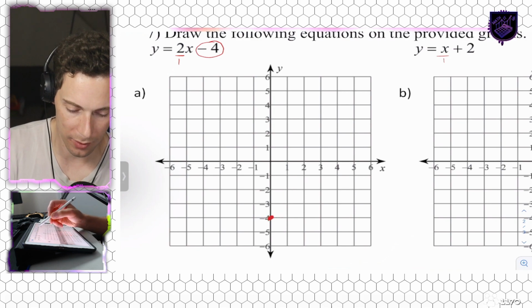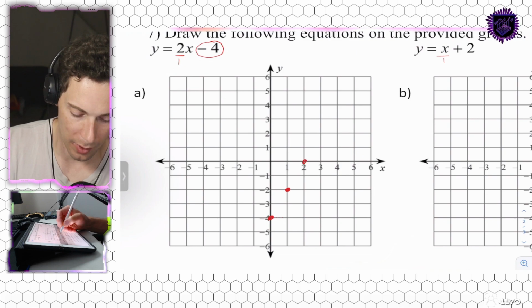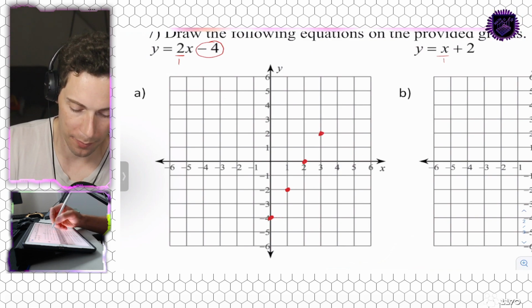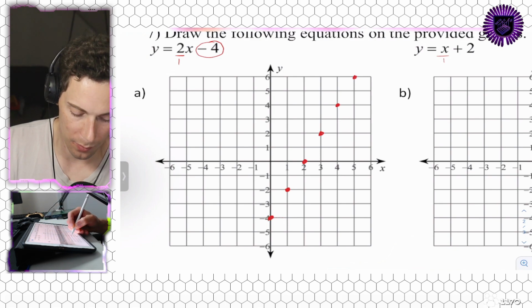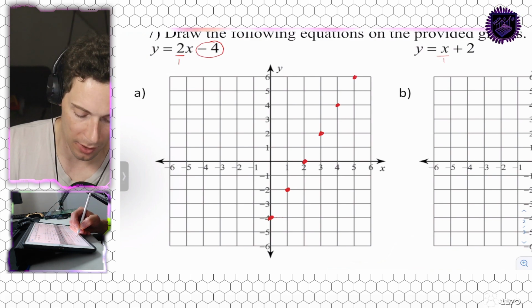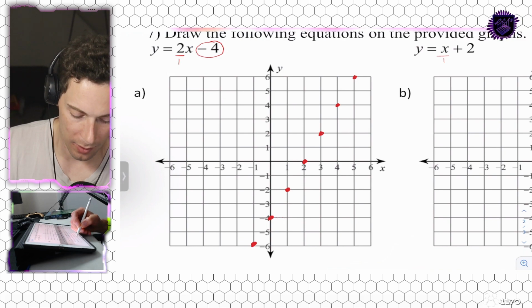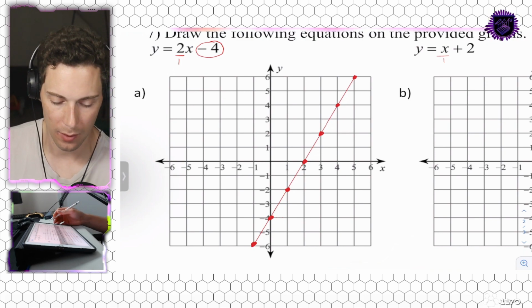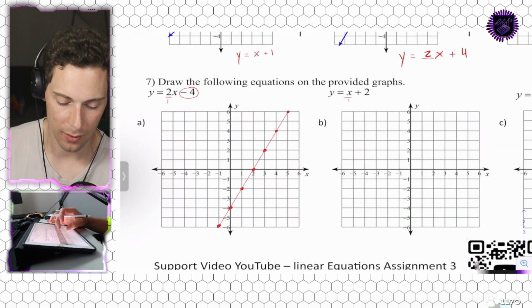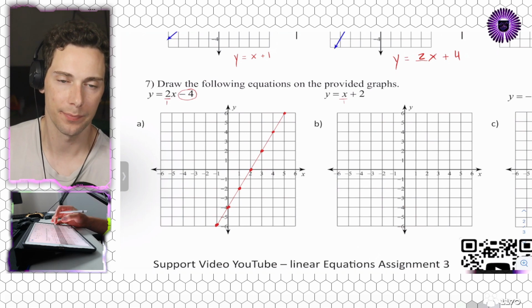So that next point is going to be on right here. 1 over, 2 up, 1 over, 2 up. This is our line here. You can also go 1 backwards and 2 down. And that is our line.